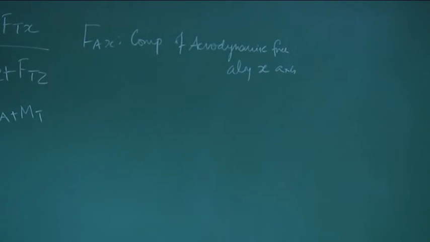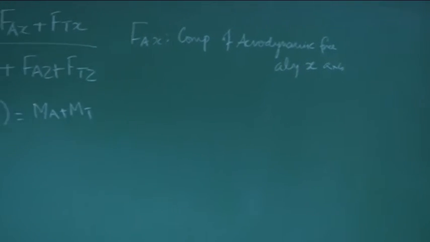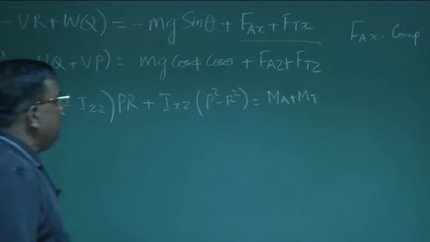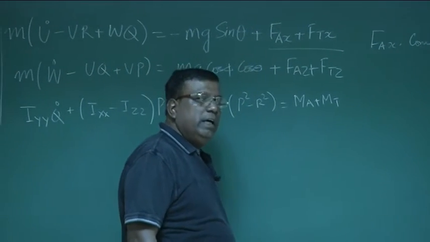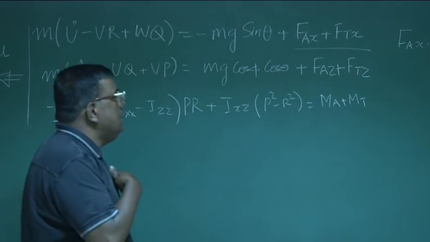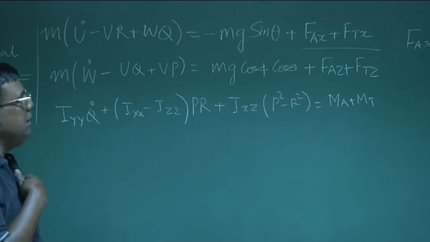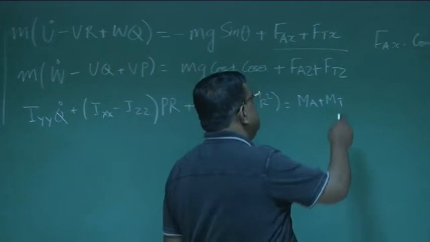It's very important. Similarly, FAZ is the component of aerodynamic forces along the body fixed z-axis, and MA is, of course, the moment about the y-axis, the aerodynamic moment. And what is FTX? FTX is because of thrust.